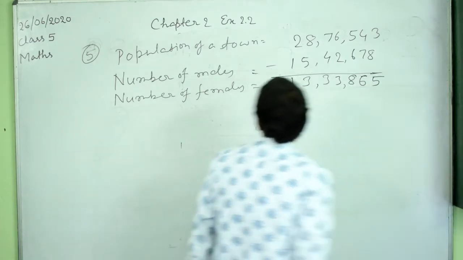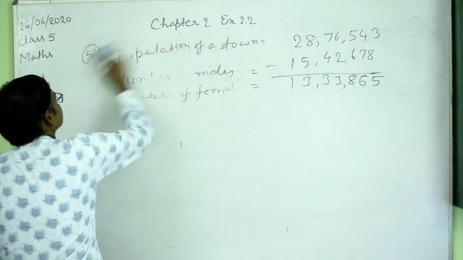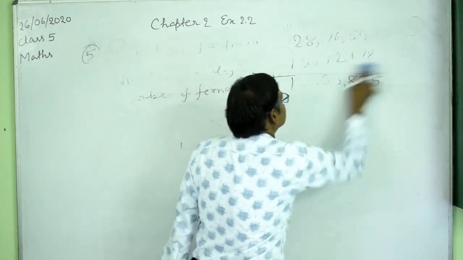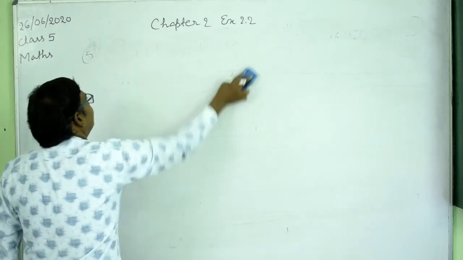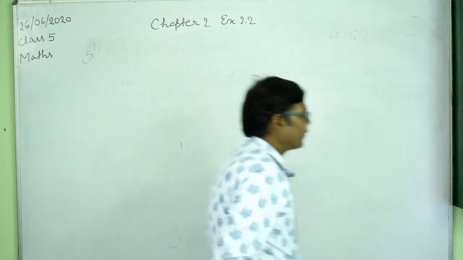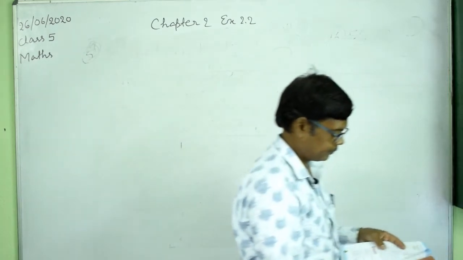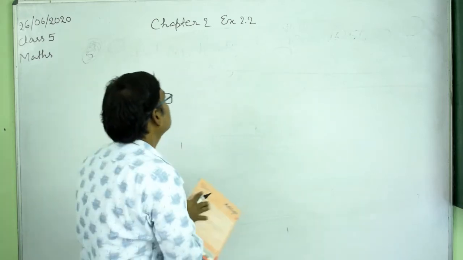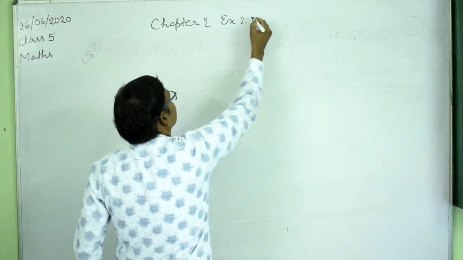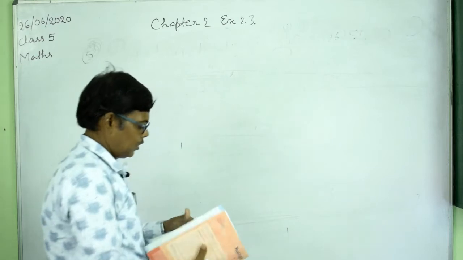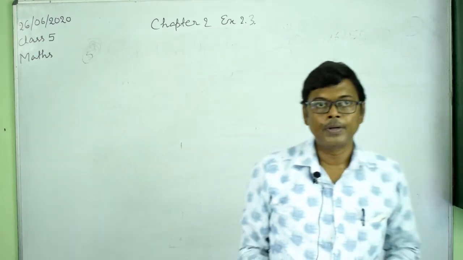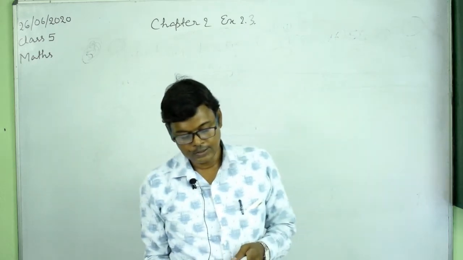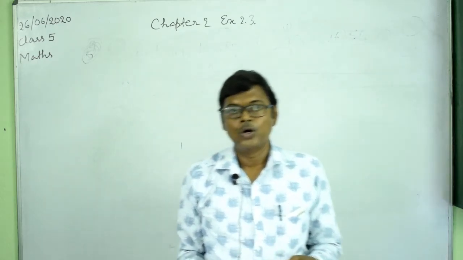Multiplication. Exercise 2.3. In this there are some properties of multiplication. The property is that the product does not change even if the order changes.